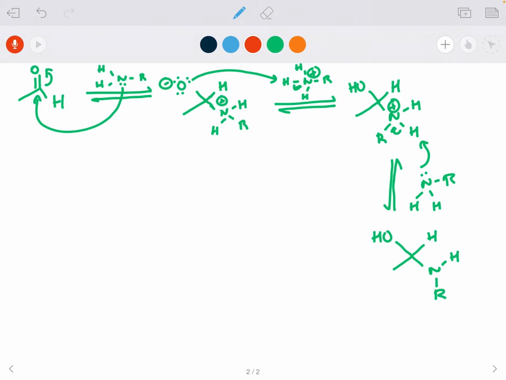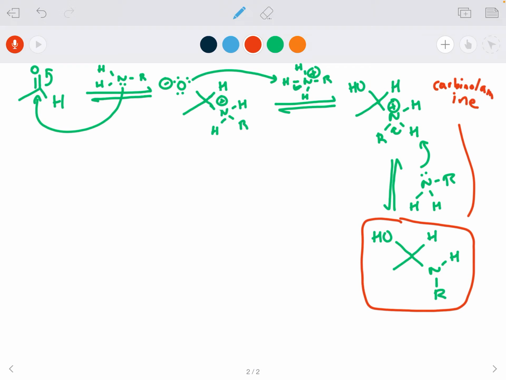And I'm left with that. This here is called a carbinolamine.